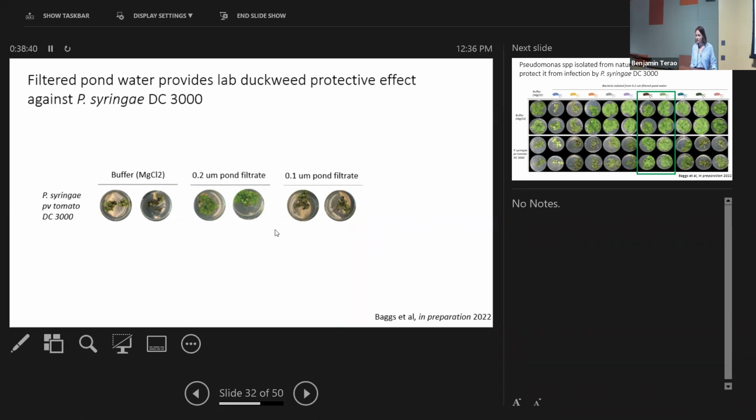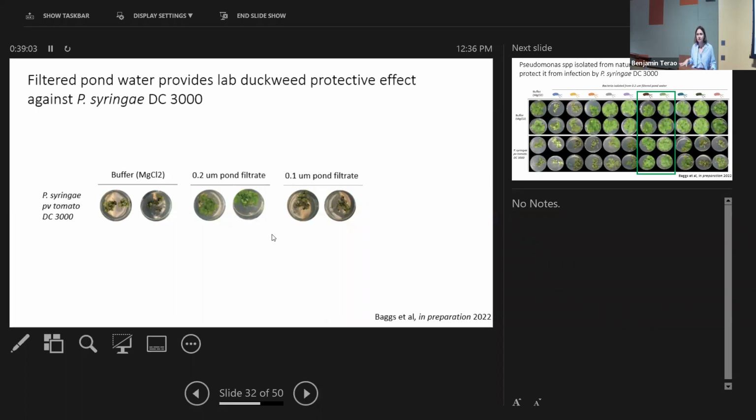So very lucky, we fractionated the water and we had the fraction that gives us an idea that there is a protective effect from the water in the natural environment. And it's basically smaller than 0.2 micron, larger than 0.1 micron.